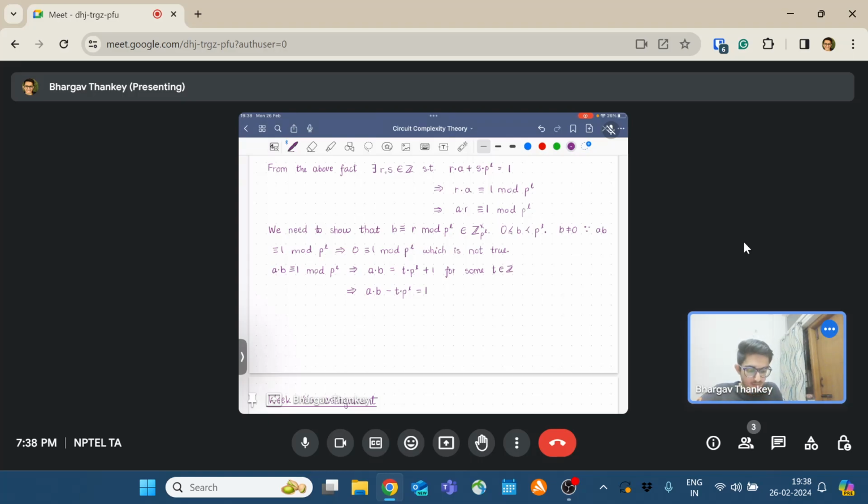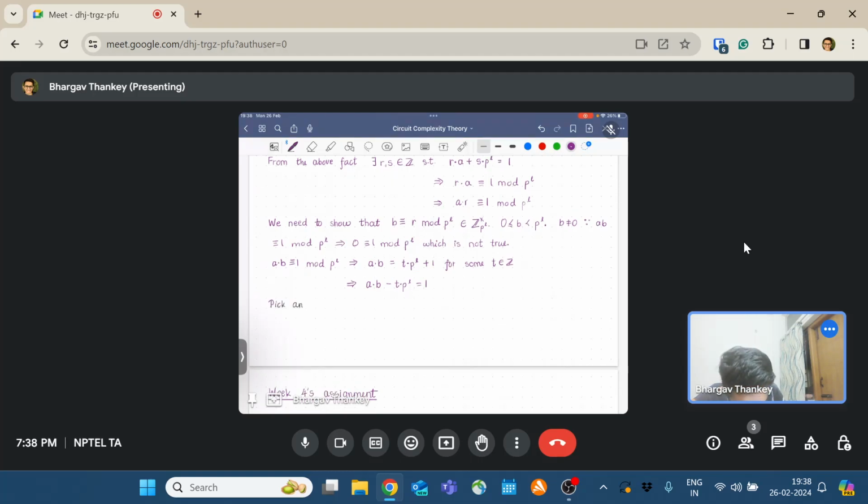Okay, so pick any C that divides B and divides P to the L. My claim is C divides 1.